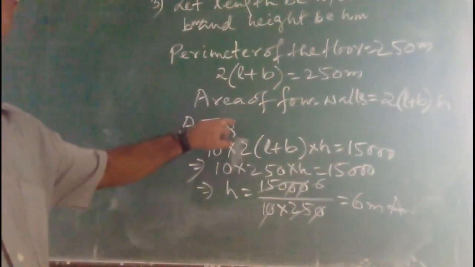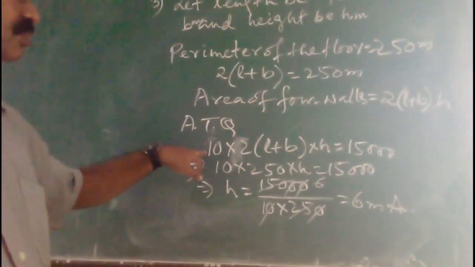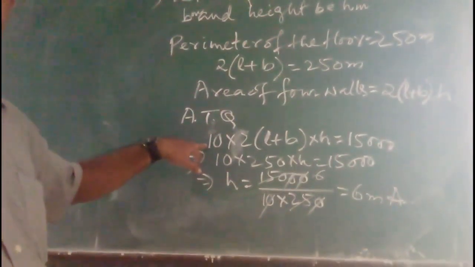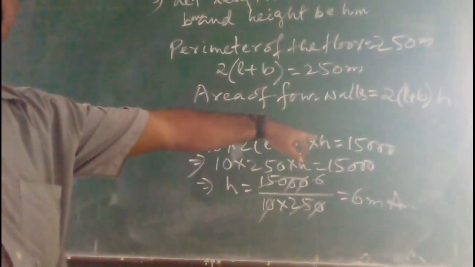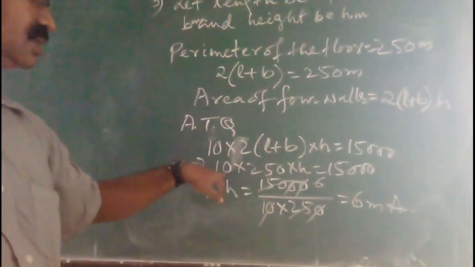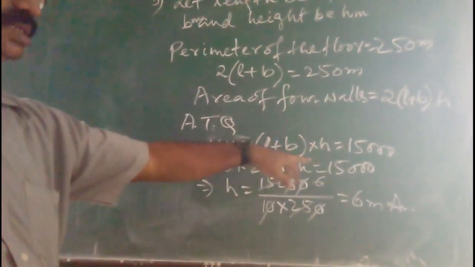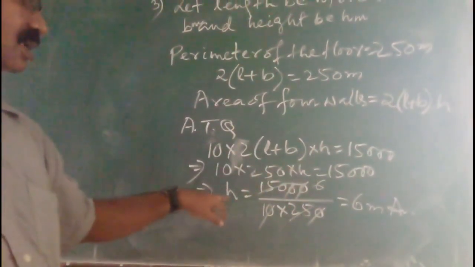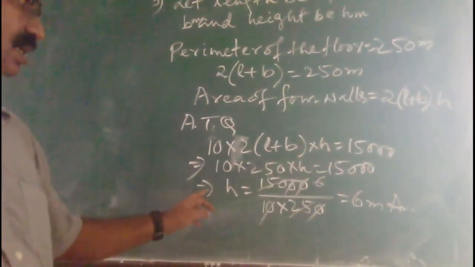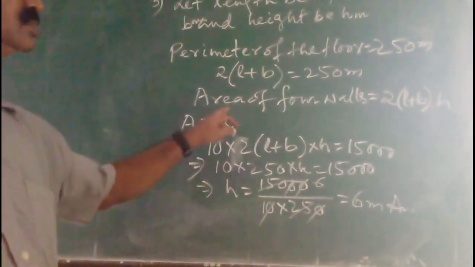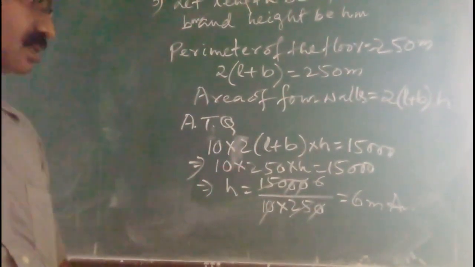Area of 4 walls, 2 length plus width into height, per meter square cost 10, in this way total cost 15,000. So 10 into 2L plus B into H equal to 15,000. Now calculate the value of H. So H is 6 meter. So height of the room is 6 meter.